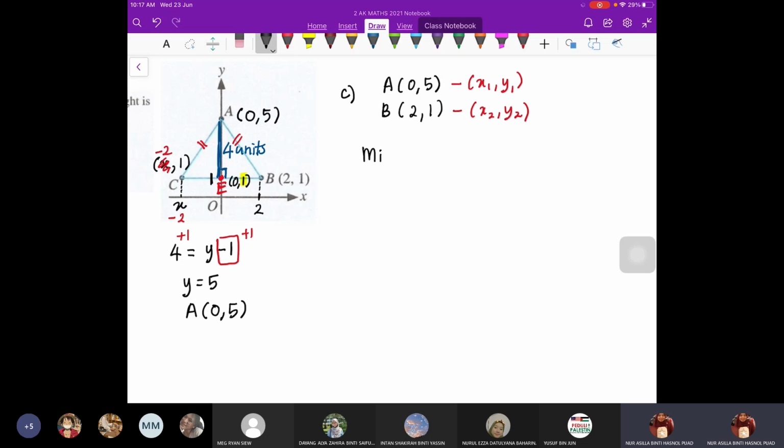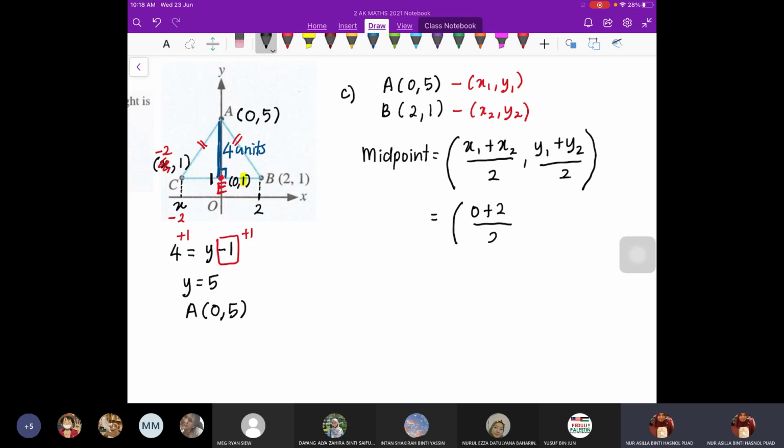Right, so midpoint equals to x1 plus x2 divided by 2, y1 plus y2 divided by 2. Okay, and then substitute as usual. So 0 plus 2 divided by 2, and then 5 plus 1 divided by 2.